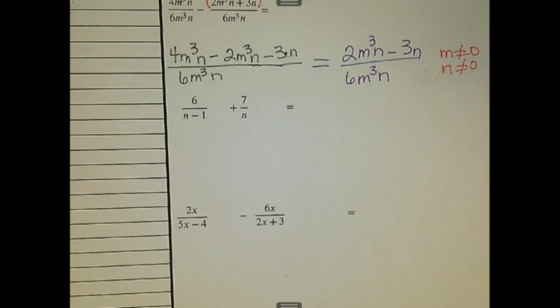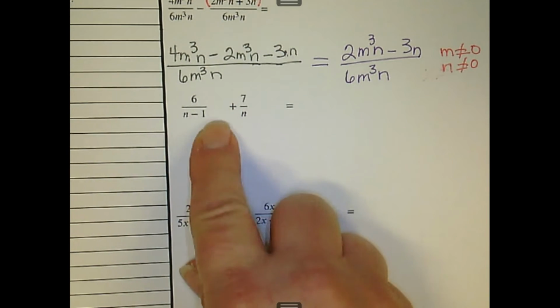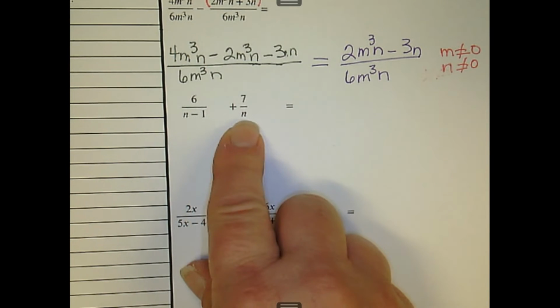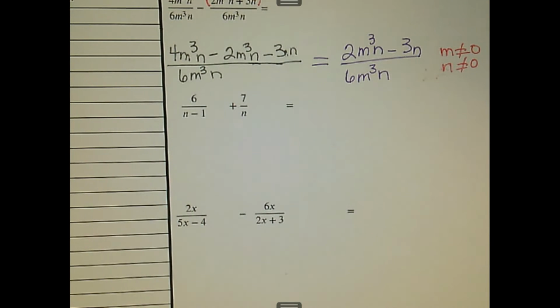Okay, on the next one, we're going to look again. The easiest way to get that common denominator is to take your numerator and multiply top and bottom by the denominator here. Come over here and do the same with your other denominator.